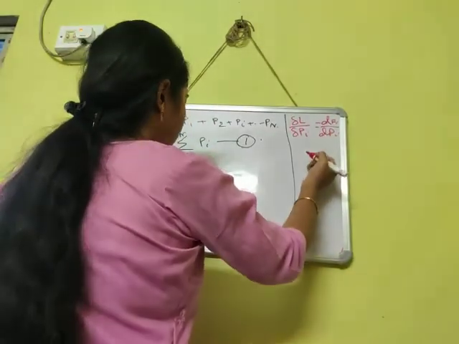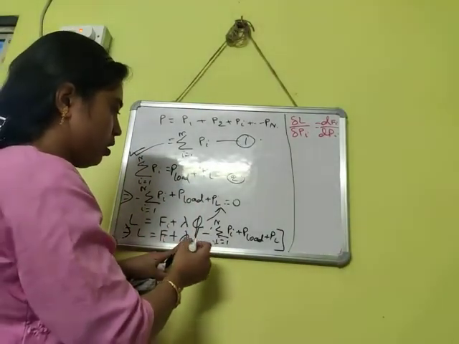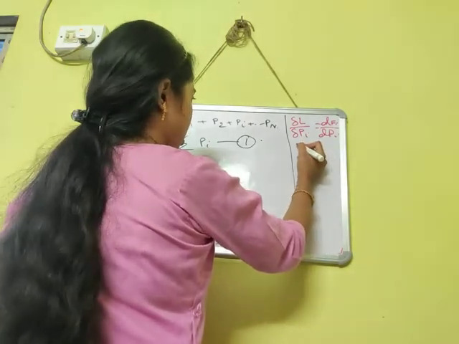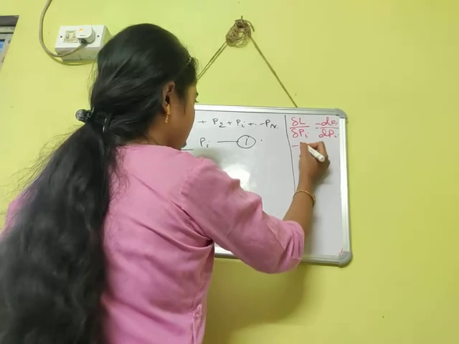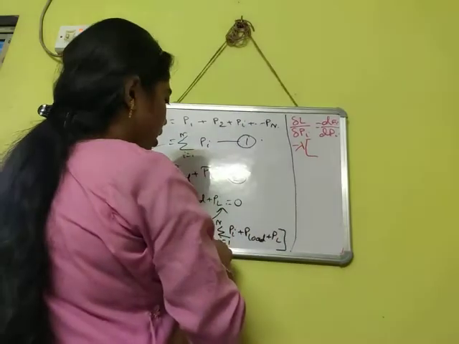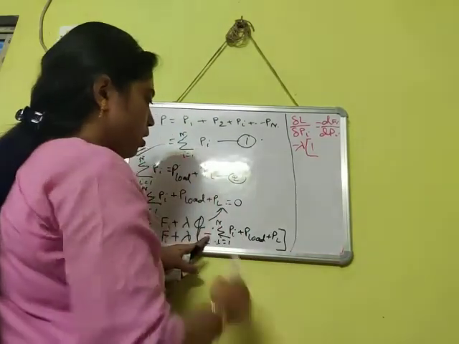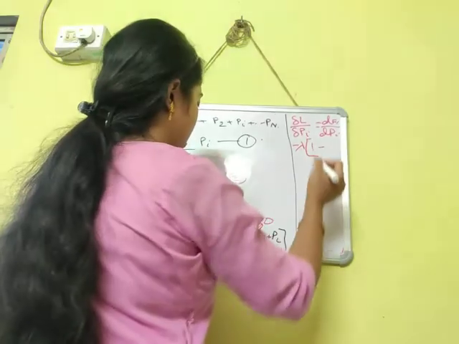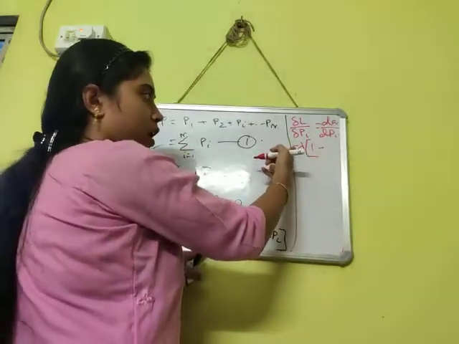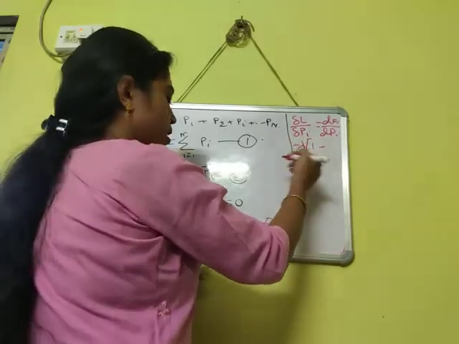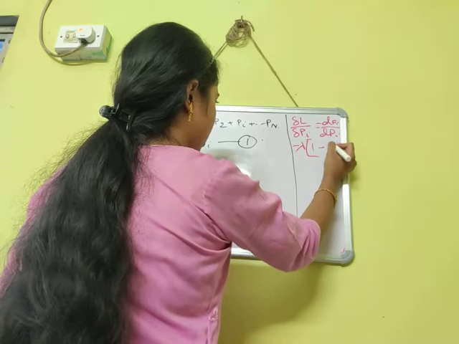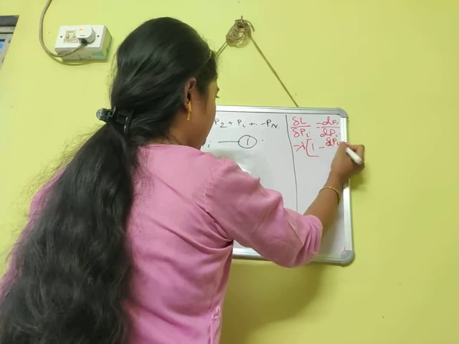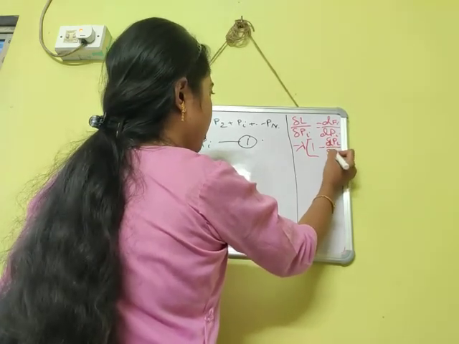So dFi by dPi, after that, minus lambda, and here we will get always 1, negative also take common, P load is 0, with respect to PL it will be minus, as we have considered here taking negative minus sign as a common, it becomes del PL by del Pi.